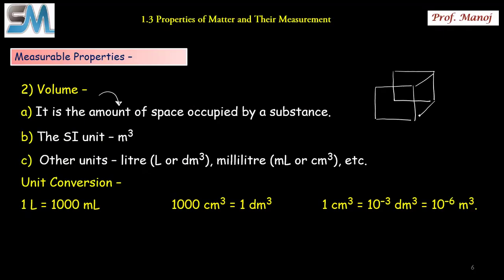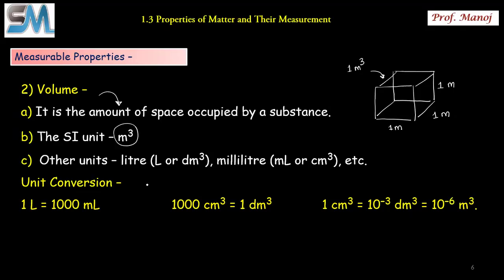And since SI unit of length is meter, they consider this is a box made up of 1 meter by 1 meter by 1 meter. So the volume occupied in this box or cage will be 1 meter into meter into meter, that's meter cube. That becomes the SI unit of volume.